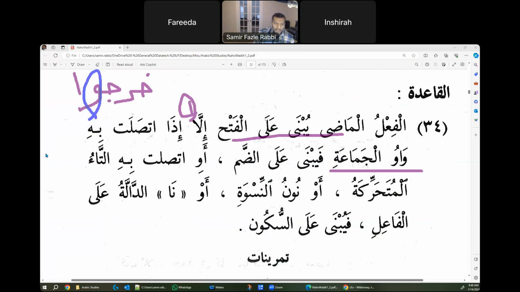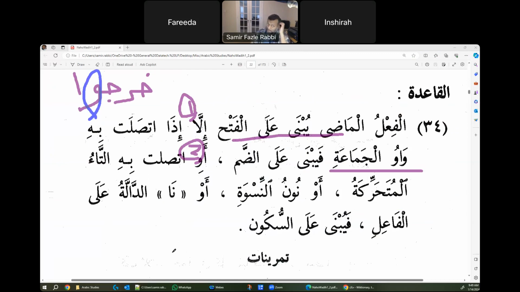And then we go to exception number 2, excuse me. Number 2, this is another exception: اتصل به التاء المتحركة. The تاء المتحركة is like the mover.